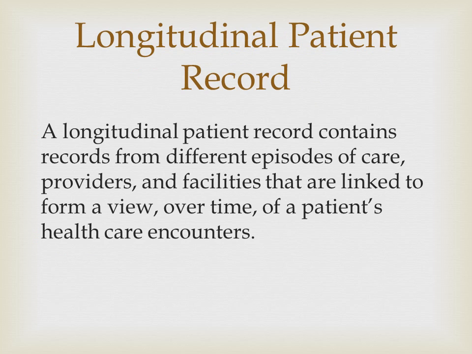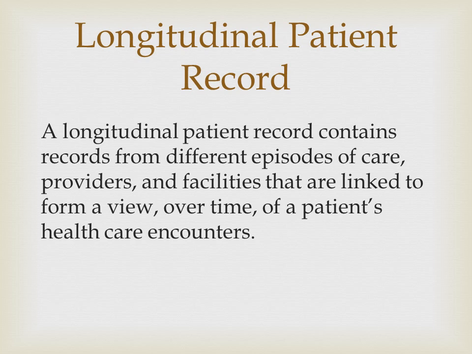So what's a longitudinal patient record? Anytime patients go from one facility to another, their records are linked, meaning that their patient record follows them everywhere they go. We call that a longitudinal patient record. So say for instance a patient starts in the emergency room, patient record is first generated there. They're admitted to the hospital 2-3 days, the patient record follows them from the emergency room to the hospital.